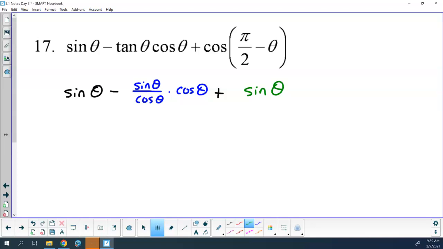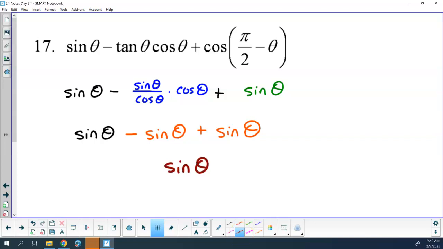Sine over cosine times cosine is going to be sine. Sine of theta minus sine of theta plus sine of theta, that's a lot of sines of theta, is just sine of theta.